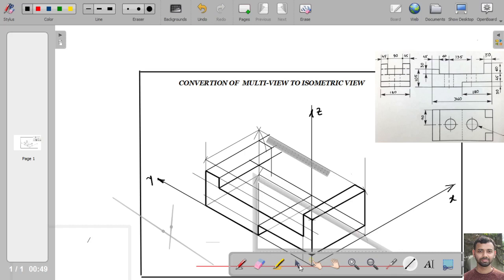And then we will connect from this point to, we will draw this isometric line also.